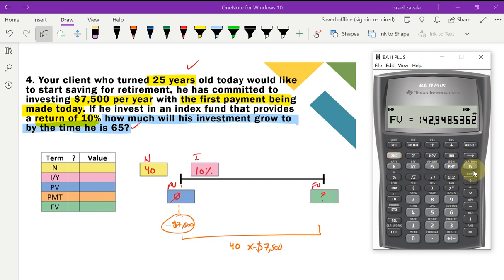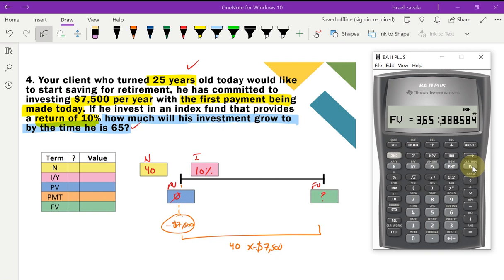So I'm going to second clear. I'm already in begin mode, so everything's good there. Let's just do left to right now. So 40 years, 10% interest, 0 present value. The payment, we're making $7,500 every year. And we're going to compute the future value.